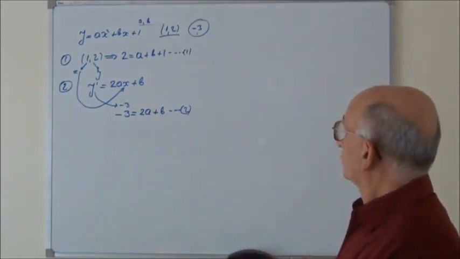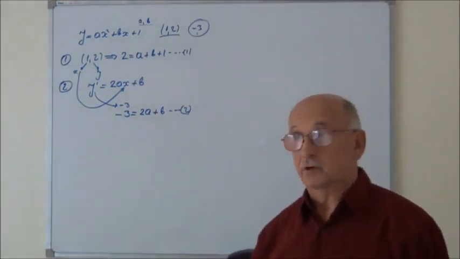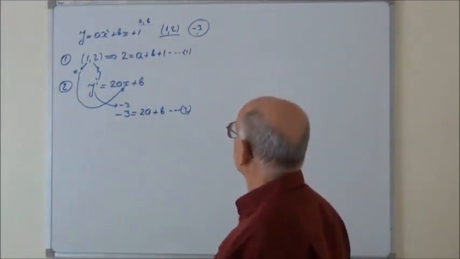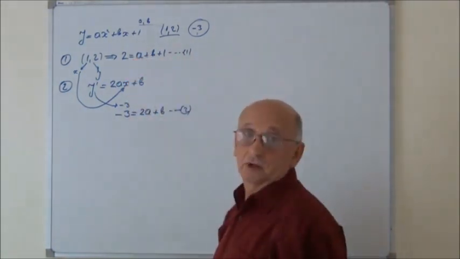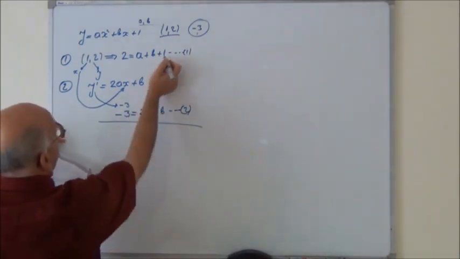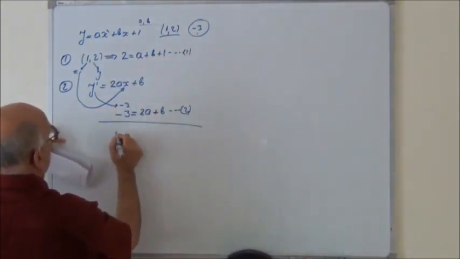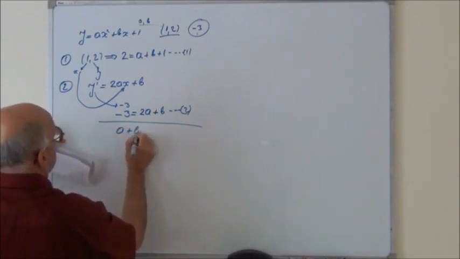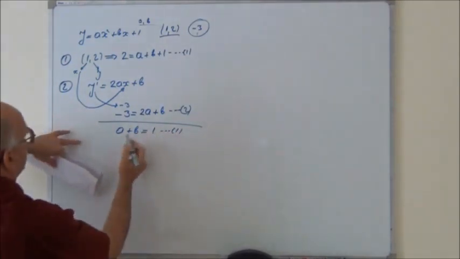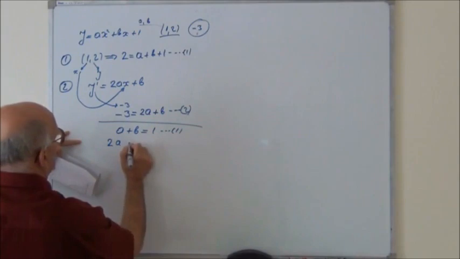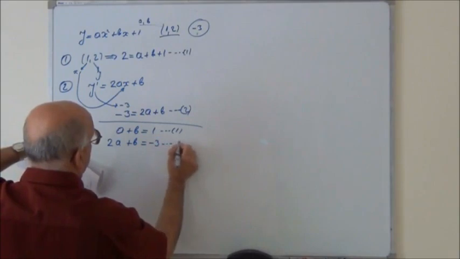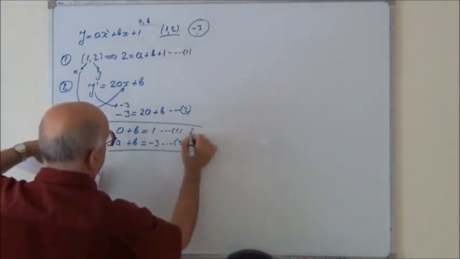Now, really nothing more to do with differentiation; simply solving those two equations, we will get the values of a and b. Equation 1, if we move 1 to the other side, will be minus 1. So we have a plus b equals 1, equation 1. And from here we have 2a plus b equals minus 3 as the second equation.